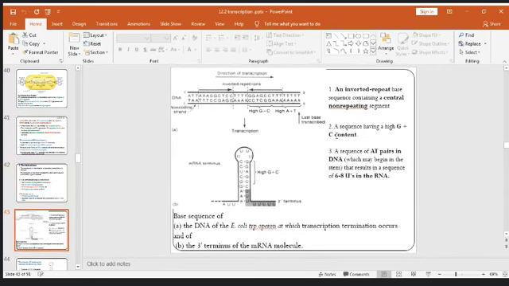So we see an inverted repeat base sequence containing a central non-repeating segment here, for example the inverted repetition.